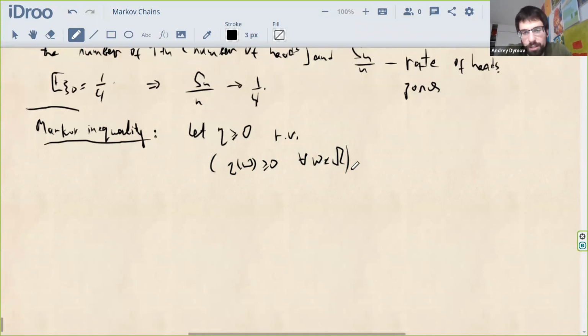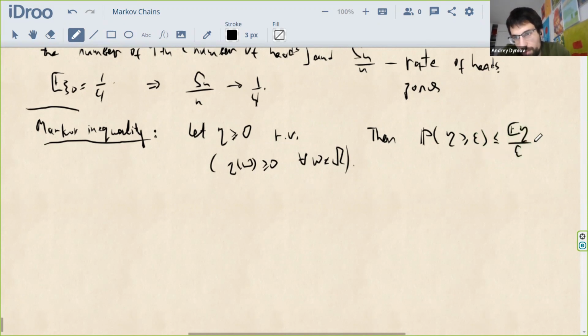But let me keep it as it is. Then the probability of the event that eta is more than or equal to epsilon is bounded by the expectation of eta divided by epsilon.